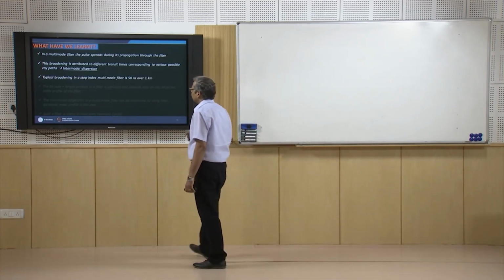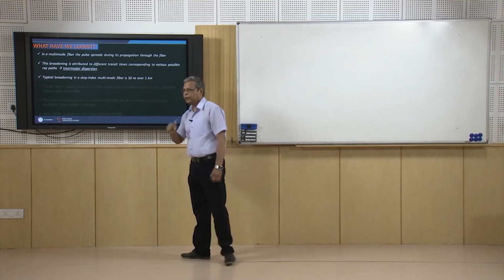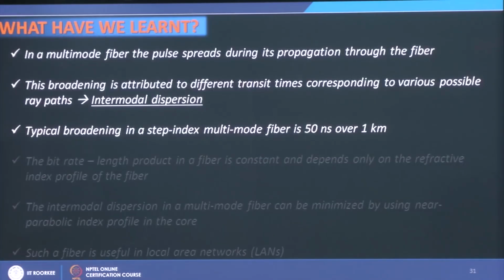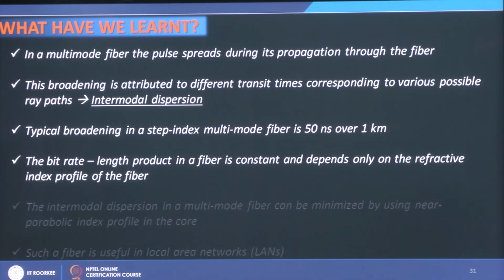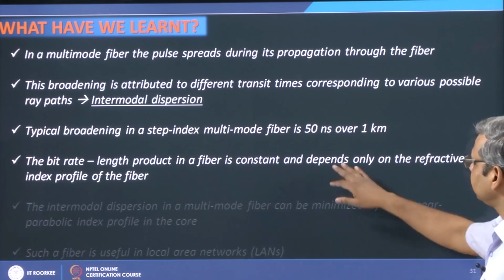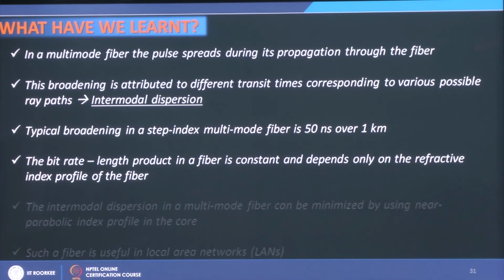Typical broadening in a step index multimode fiber is 50 nanoseconds over 1 kilometer. The bit rate length product in a fiber is a constant, and it depends only on the refractive index profile of the fiber.